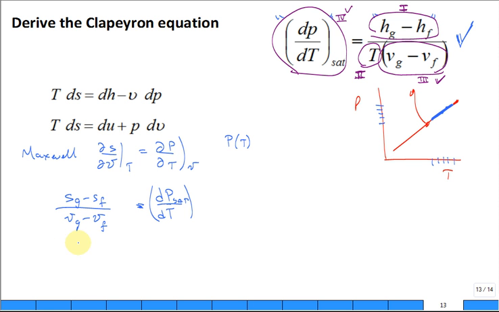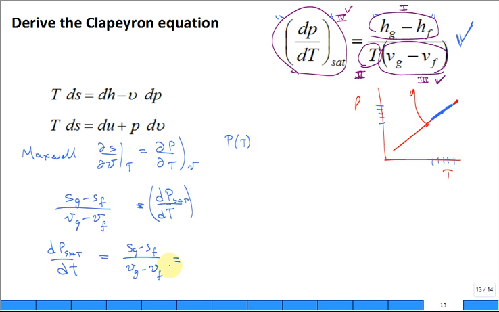So the change in the saturation pressure as a function of temperature is equal to this S_FG, if you want to call it that. How much is the change in the entropy divided by V_FG, or just leave it as S_G minus S_F over V_G minus V_F.